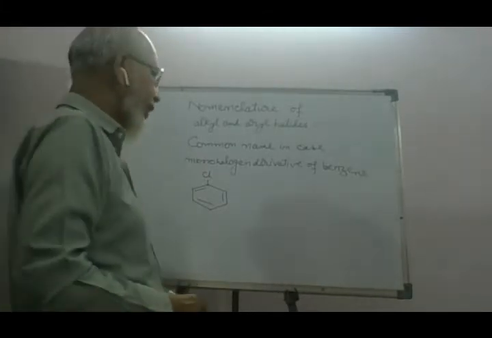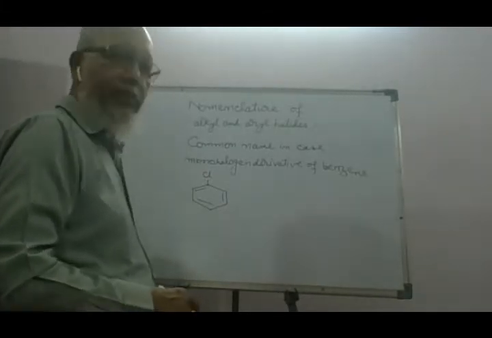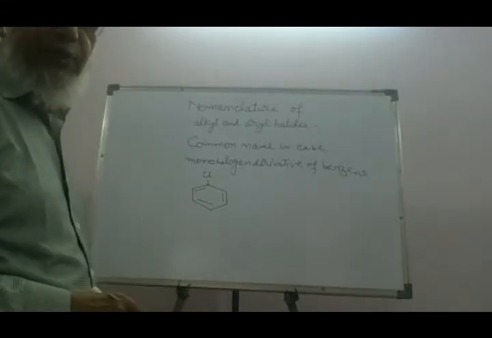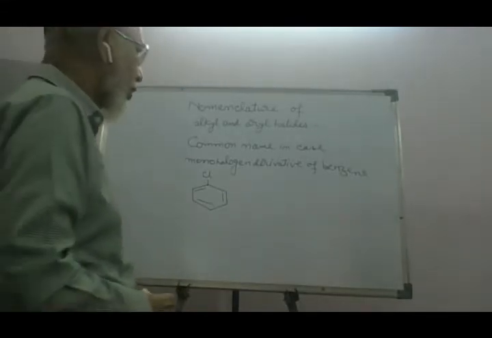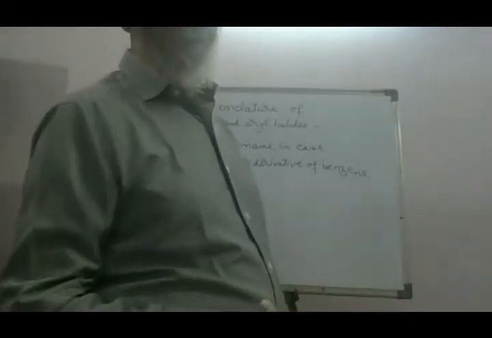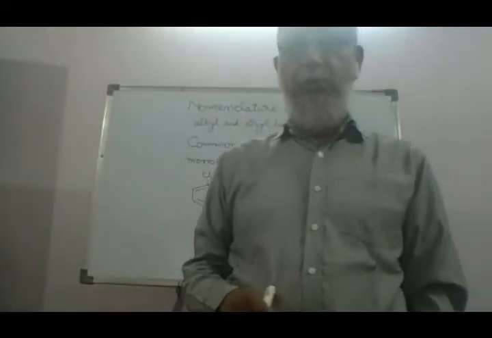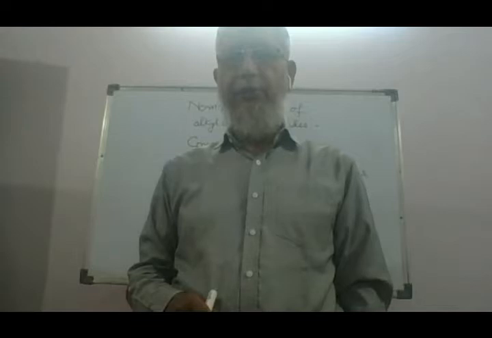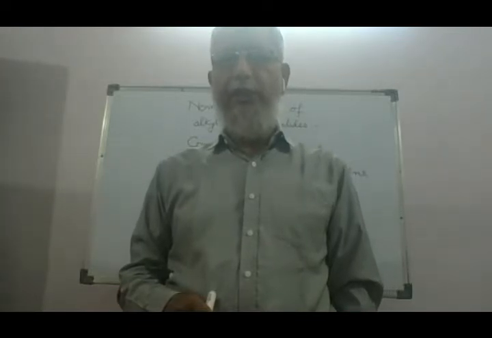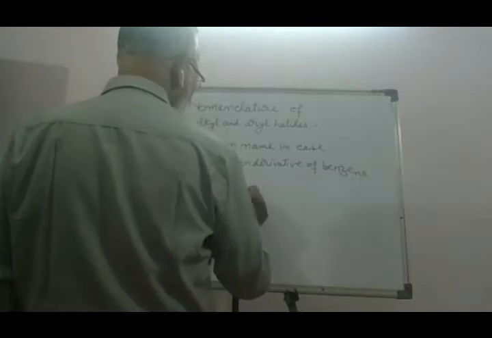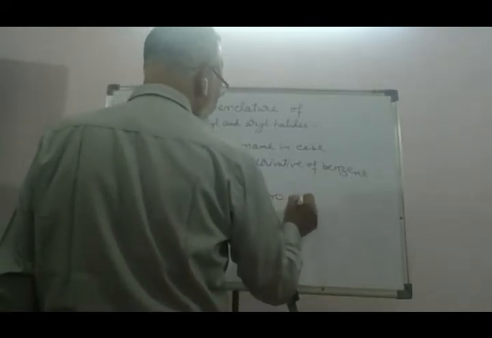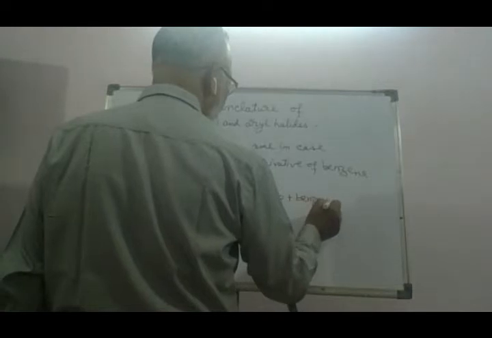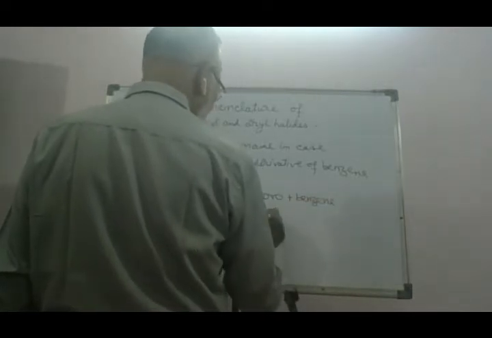So in naming such aryl halides which contain only one substituent, first we name the substituent. In case of halogen, we name it as halo. As for example, chloride is named as chloro, and then we add the name benzene. So it will be chloro plus benzene, which is equal to chlorobenzene.